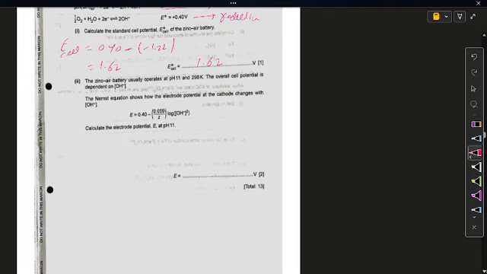So first of all you need to find the Kw value. Kw is written as H positive times OH negative.